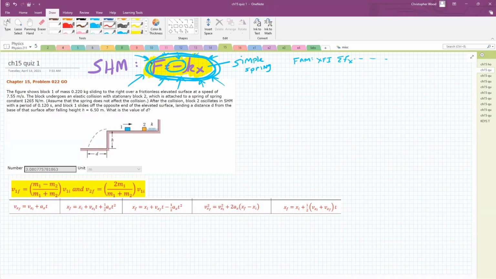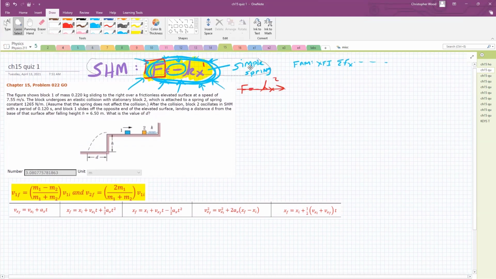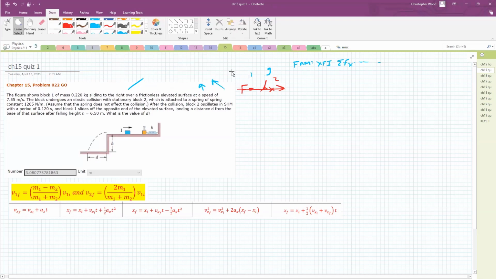The linear relationship between force and displacement has to do with the fact that it's X to a power of 1. So, for example, if I had a force like this, this would not be linearly related. This would be a direct square relationship, and that's a whole other path to go down. But anyway, this is the air we're breathing: simple harmonic motion. Everything is the same in terms of fundamental approaches.